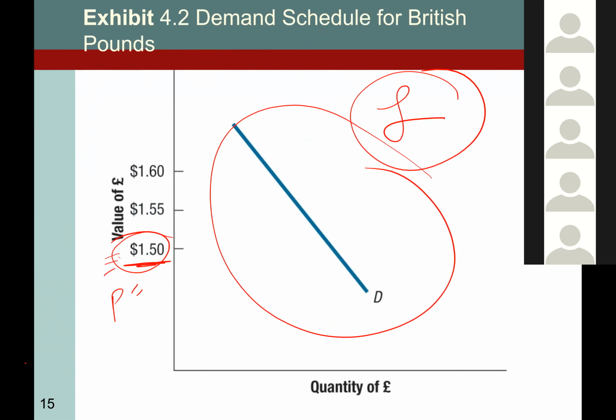Think in terms of demand and supply curves, but also in terms of exchange rate. Exchange rate is the price of the currency, and we are talking about the pound. So this is the price of the pound in terms of dollar. Some students are confused: this is the demand for pound, but why is there a dollar written here? This dollar is written because this is the value of the pound in terms of dollar.